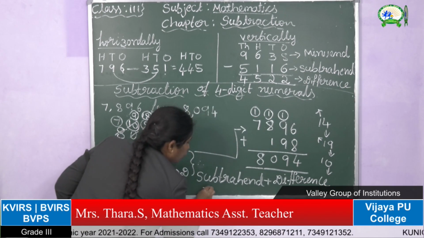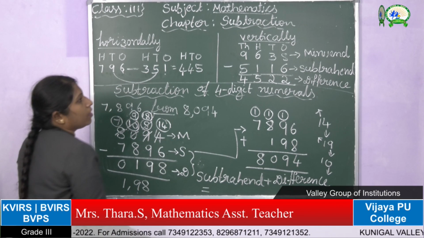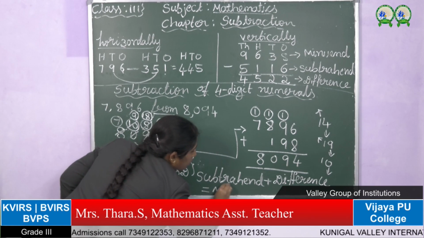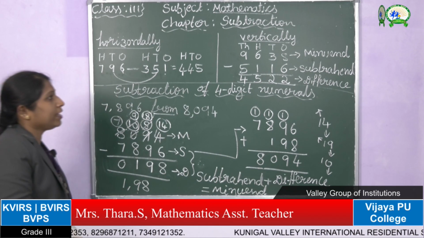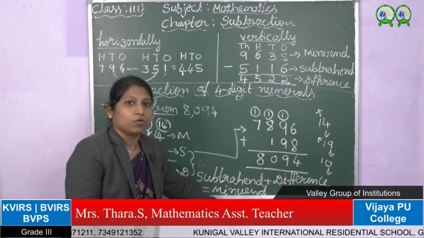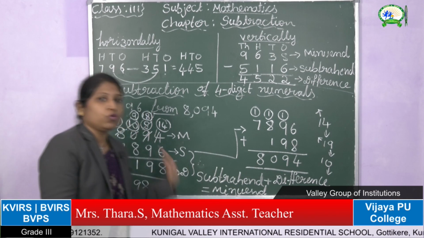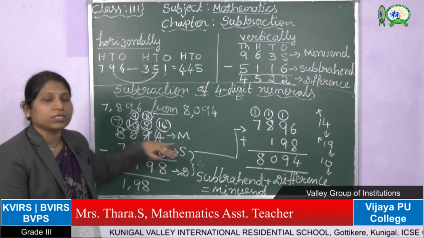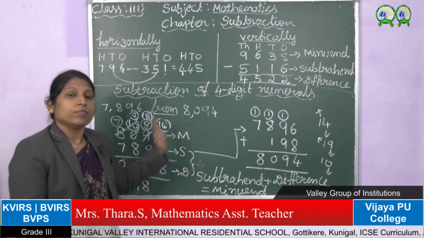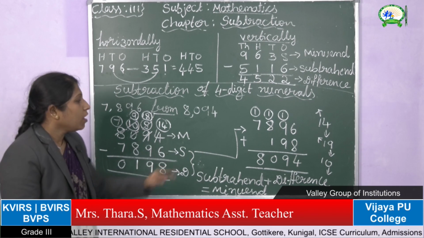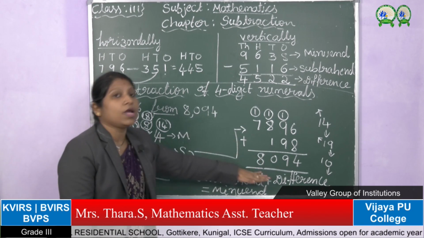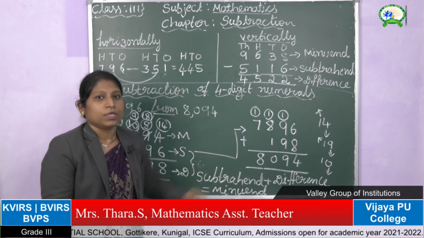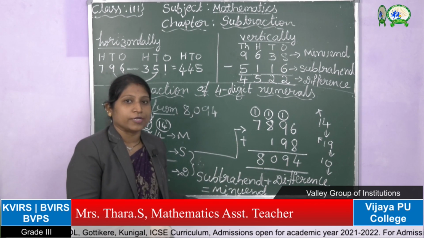You will get the minuend. Okay. This is the way to subtract 4-digit numerals with the borrowing method, and then how to check whether it is correct or not. This is the method you have to check. Understood? I hope all of you have understood, children.